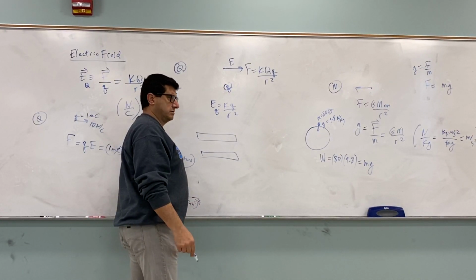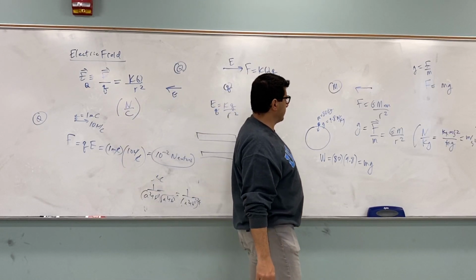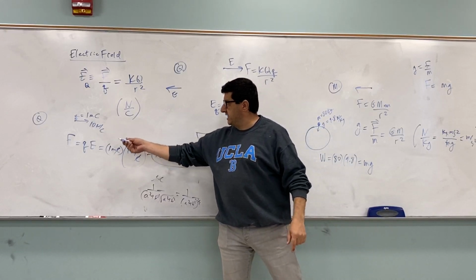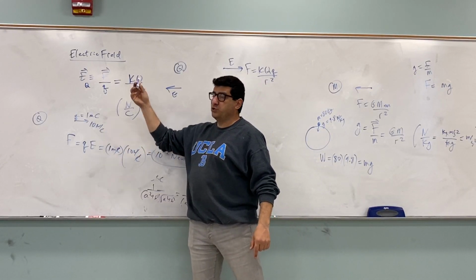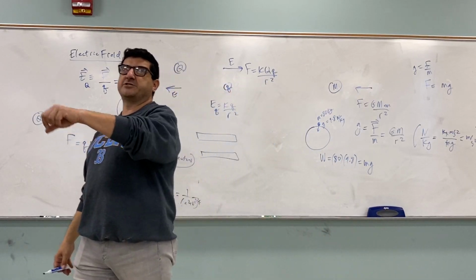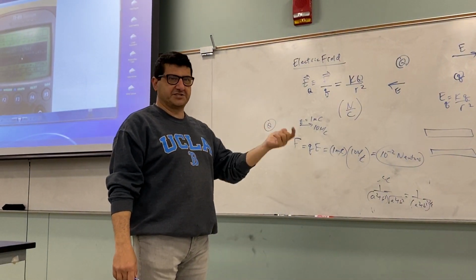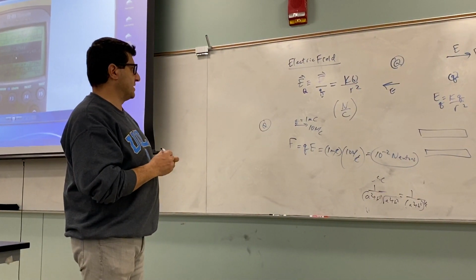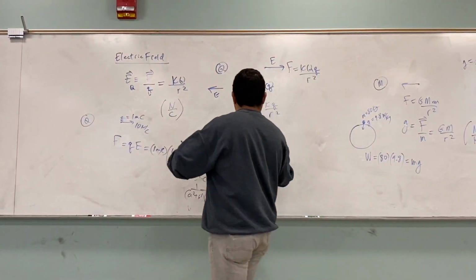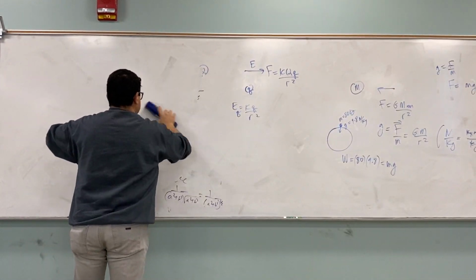Same techniques, the integration techniques, everything is the same, except you're replacing KQ by GM, the gravitational constant and the mass of the planet, versus the Coulomb's constant times the charge. Okay? So let's imagine now a two-charge situation.